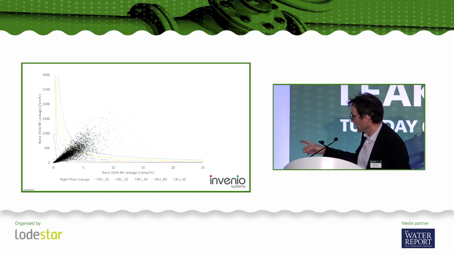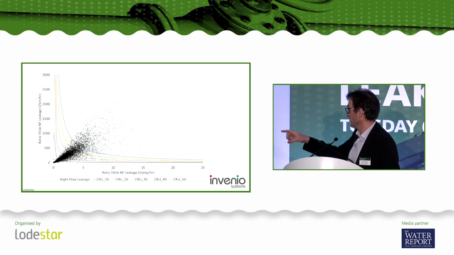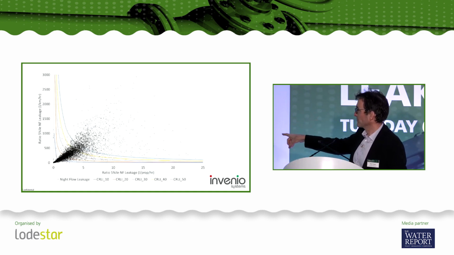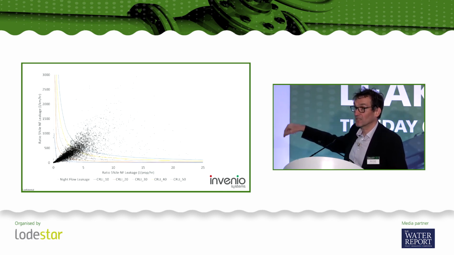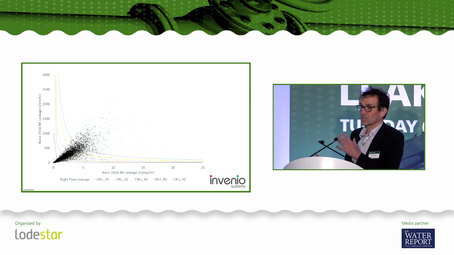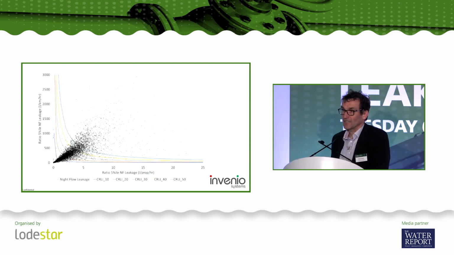The horizontal axis is 5 percentile night flow leakage in litres per property per hour, and vertically it's litres per kilometre per hour. And then the curves are this curly relationship, which tries to take account of both property count and length of mains.